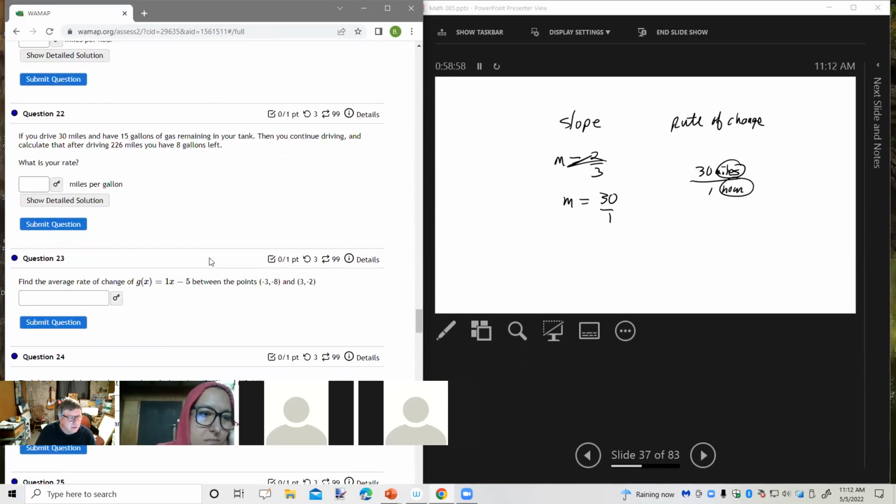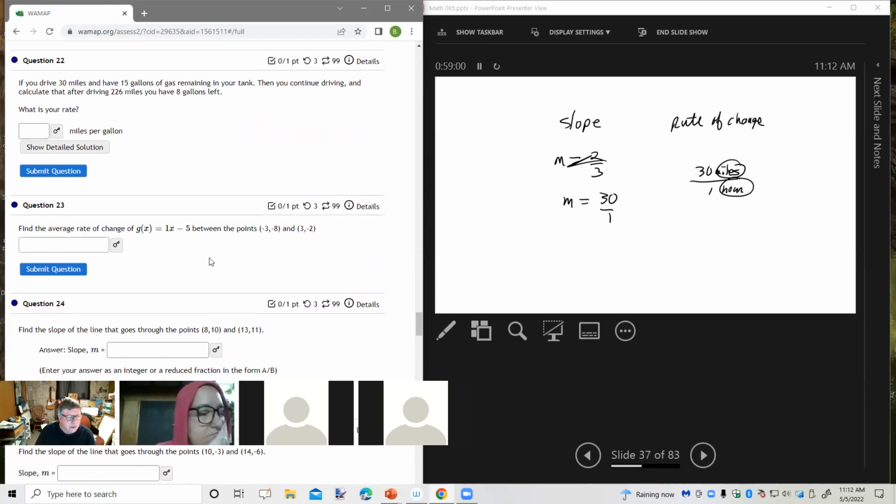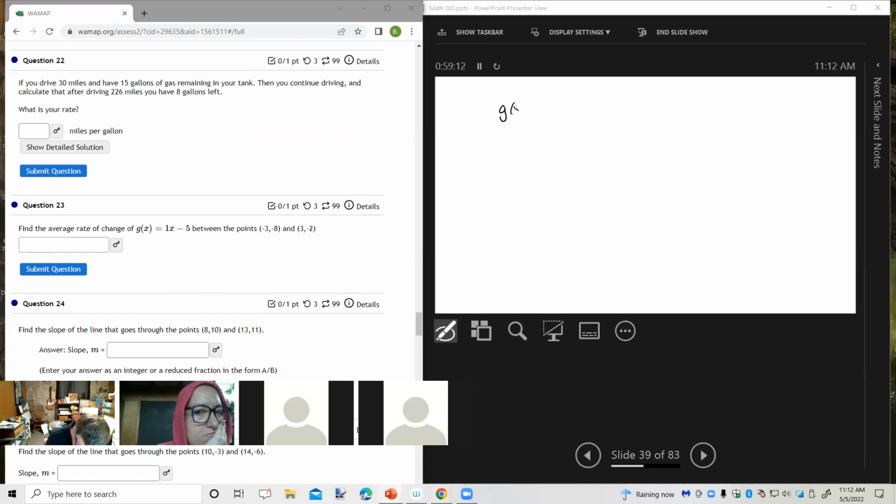Let's take a look at this one. It says, find the average rate of change of g of x equals 1x minus 5 between the points -3, -8, and 3, -2.